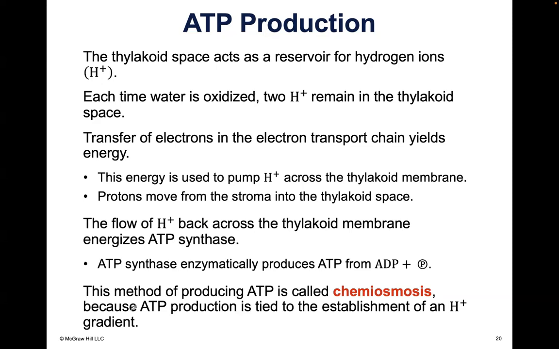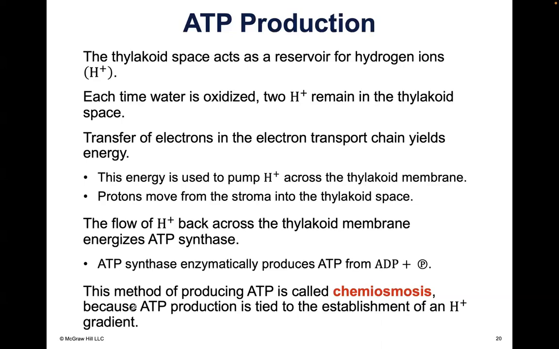Transfer of electrons in the electron transport chain yields energy, and this energy is used to pump hydrogen ions across the thylakoid membrane. So the protons move from the stroma into the thylakoid space. The flow of the hydrogen ions back across the thylakoid membrane helps to energize ATP synthase, and ATP synthase enzymatically produces ATP from ADP plus phosphate.